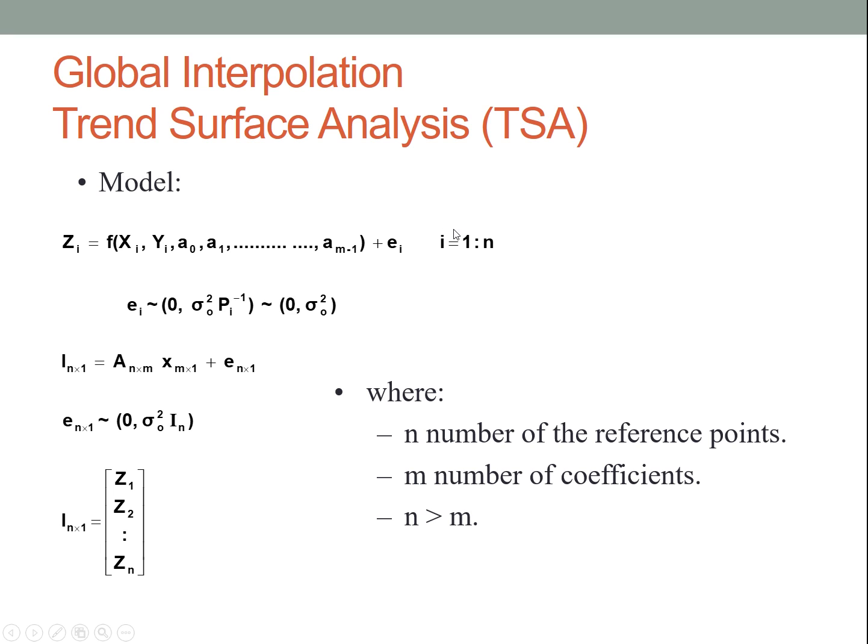Here, i is my counter, and n is the number of observations, so it's just counting from 1 to n. So I have my error. My error consists of my weight matrix and my standard deviation. Now again, my variance, that's standard deviation.